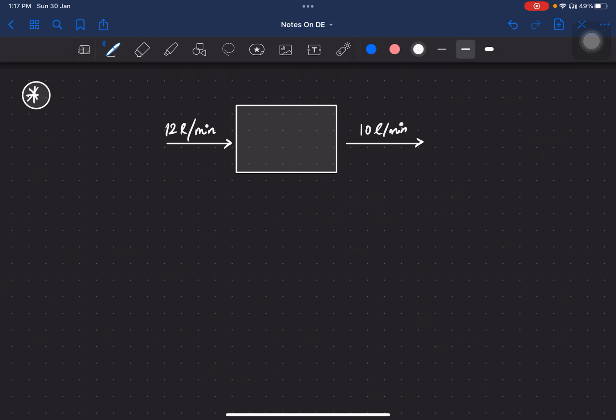That we will see later. Initial condition: 100 liter with 10 kg of salt. Note that these two quantities are different.